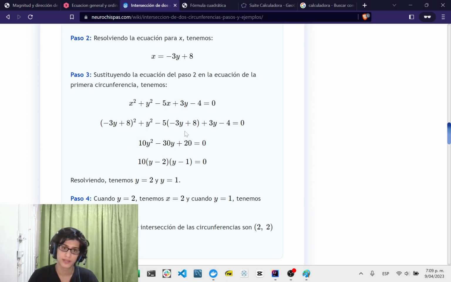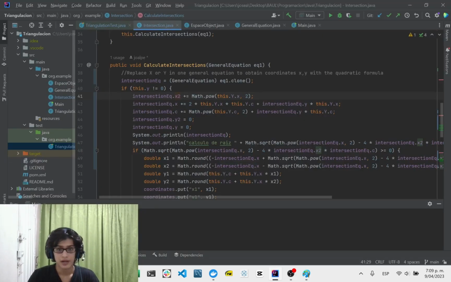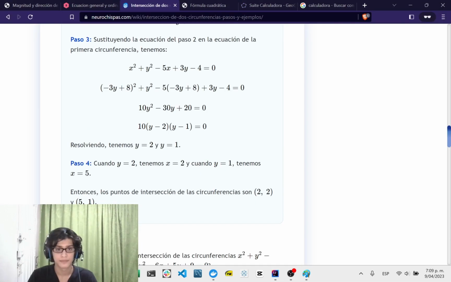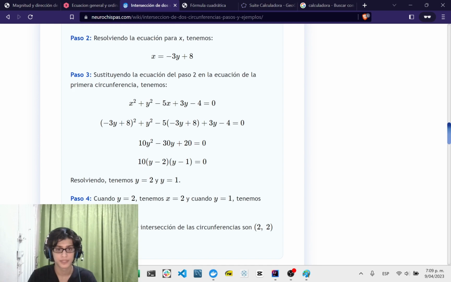It's only to explain what I'm going to do. I apply all the x twice, the x raised 2 and the x and the c. And then the y raised 2 and y is equal to 0, because I'm going to get something like this, right?